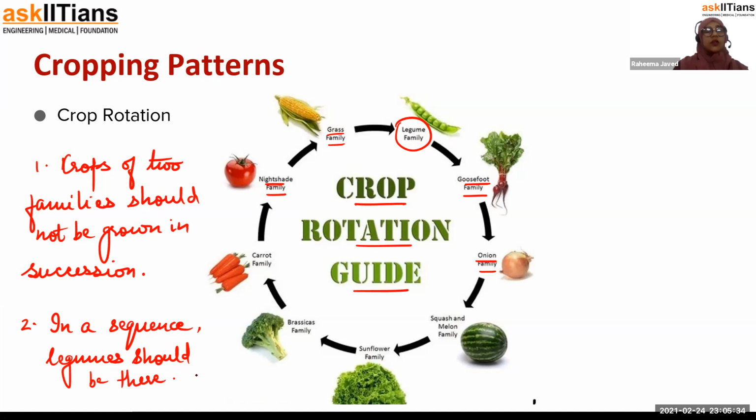Legumes, first of all, they help in fixing the atmospheric nitrogen into the soil by a process called biological nitrogen fixation, where with the help of a symbiotic bacteria which is present in the soil known as rhizobium, they help in converting nitrogen into ammonia, ammonia into nitrites, and nitrites into nitrates. Ammonia, nitrites, and nitrates, they can be used up by the plants for their proper growth. This is the only form of nitrogen the plants can use. So legumes, they help in biological nitrogen fixation.